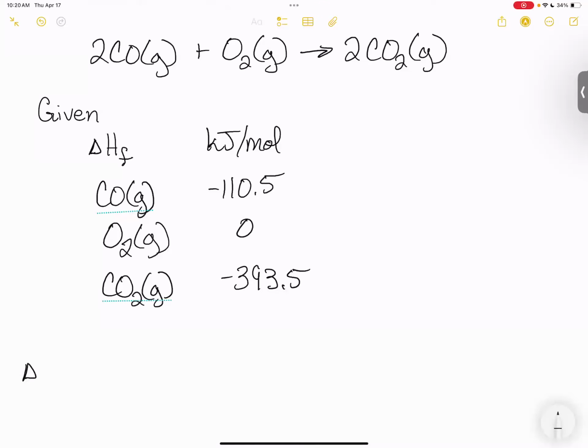Using our delta H of reaction, it is going to be the products. The product is CO2.